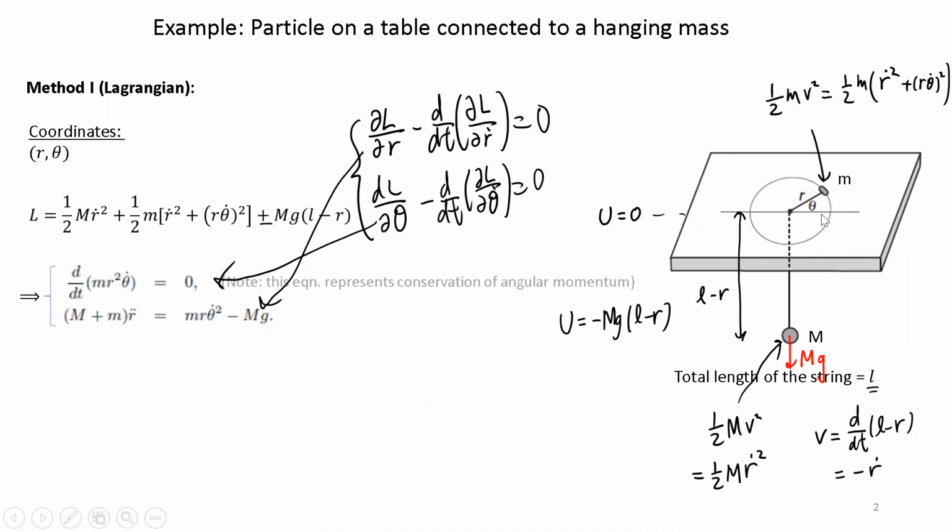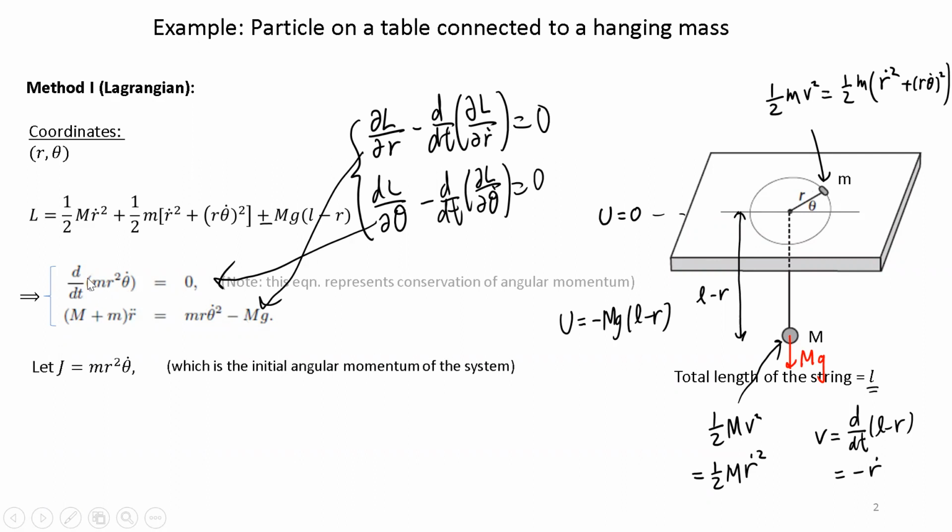It's basically saying that the angular momentum of this particle up here is conserved. This is, of course, not surprising, because the tension is always pointing to the origin of the coordinate system. That's why it does not produce any torque, and that's why it does not change the angular momentum of the particle.